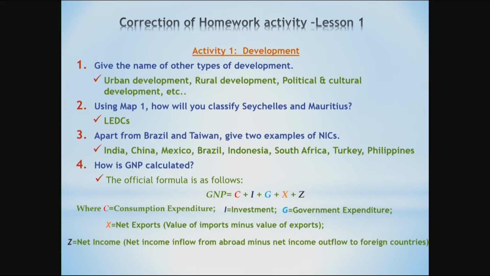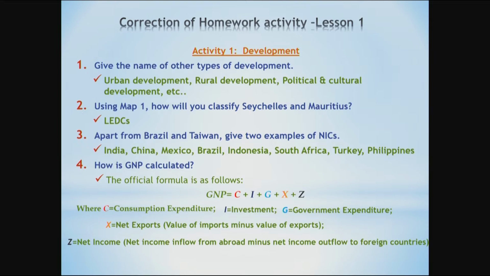And Z, net income. Net income inflow from abroad minus net income outflow to foreign countries. For example, when we say net income inflow from abroad, we can get it directly from the tourism industry when they come in, either getting on our plane, buying a ticket, or even when they come into our hotels to stay, and the different activities that they pay for.